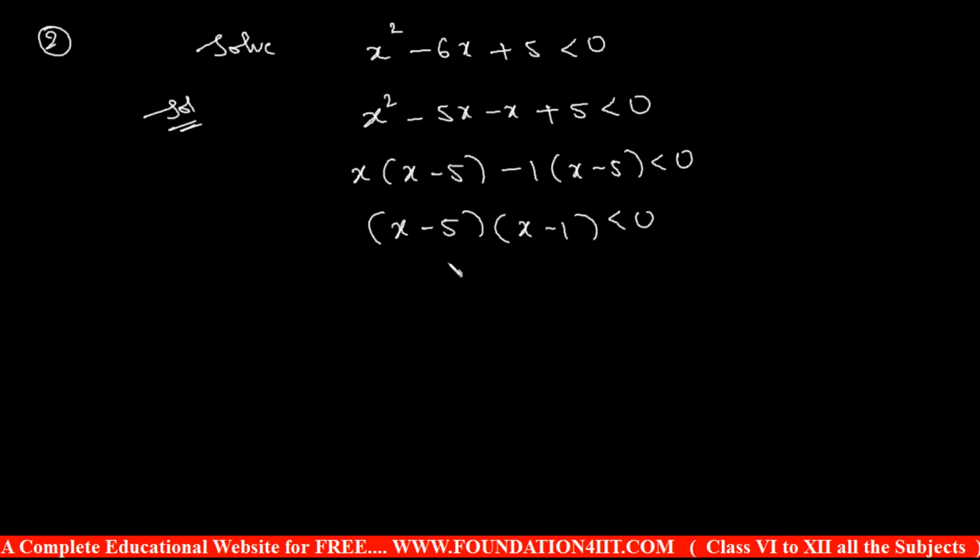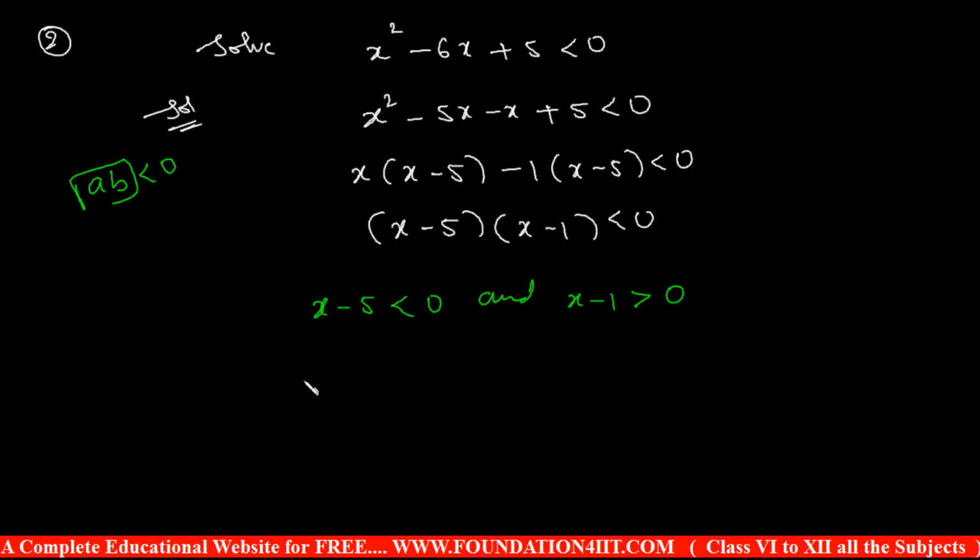So when the product of two values is less than zero, then take two cases. We already saw if a into b is less than 0, one should be positive and one should be negative. So if x minus 5 is less than 0, then x minus 1 must be greater than 0. This is one.